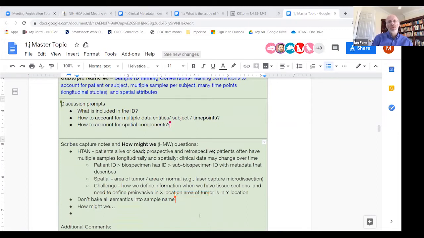One, it was trying to identify the sample, but it was also trying to tell you, by looking at the identifier, what it was, and therefore it had some semantic meaning. So you could look at that identifier and it would capture, for example, the kind of things that you're saying.